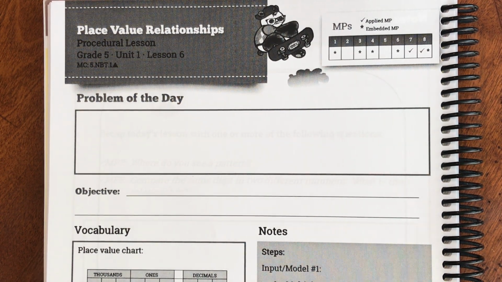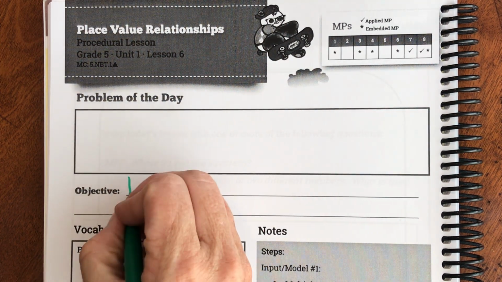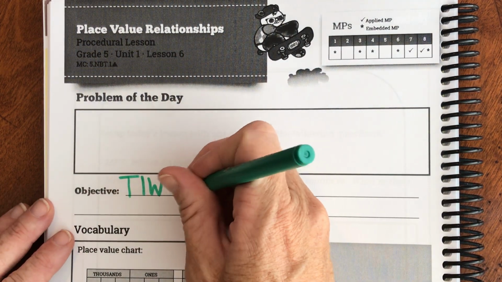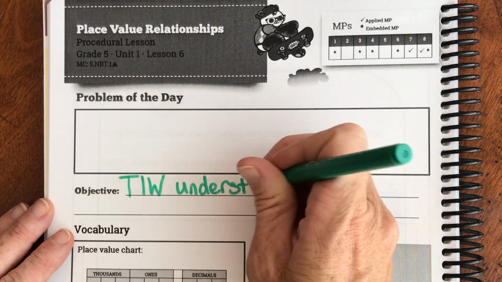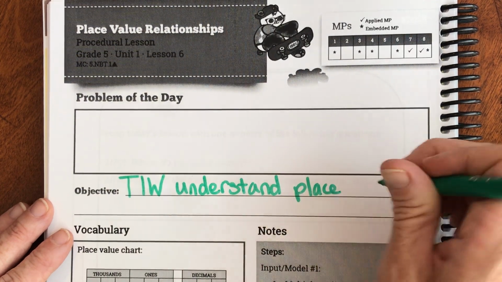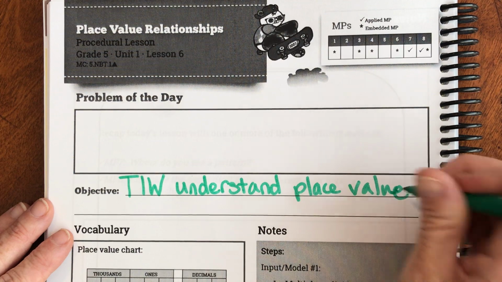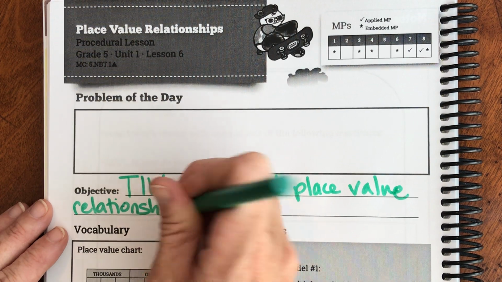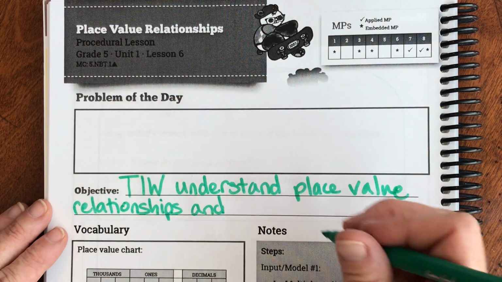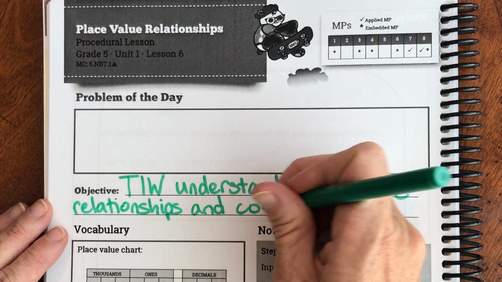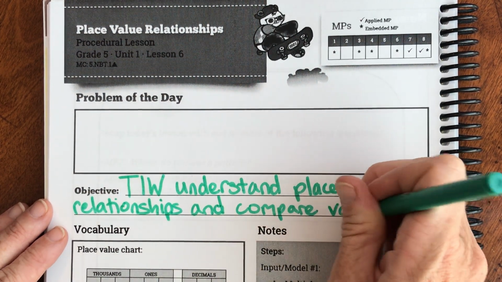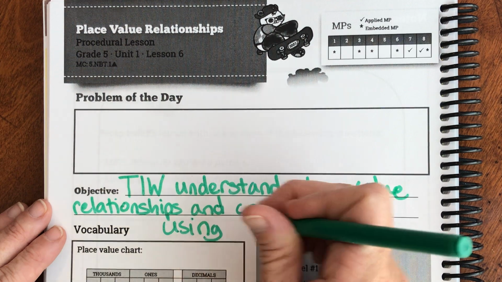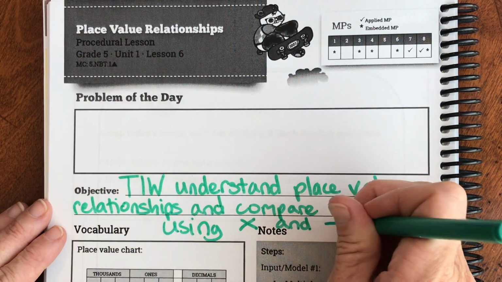And today our objective is, today I will understand place value relationships and compare values using multiplication and division.